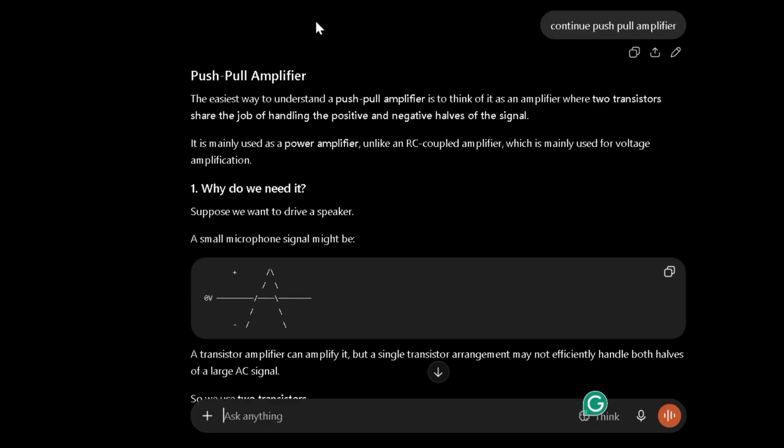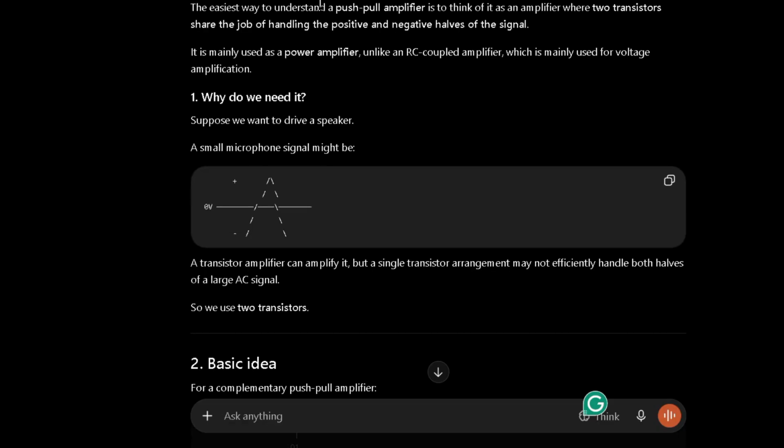Why do we need it? Suppose we want to drive a speaker. A small microphone signal might be amplified by a transistor amplifier, but a single transistor arrangement may not effectively handle both halves of a large AC signal.